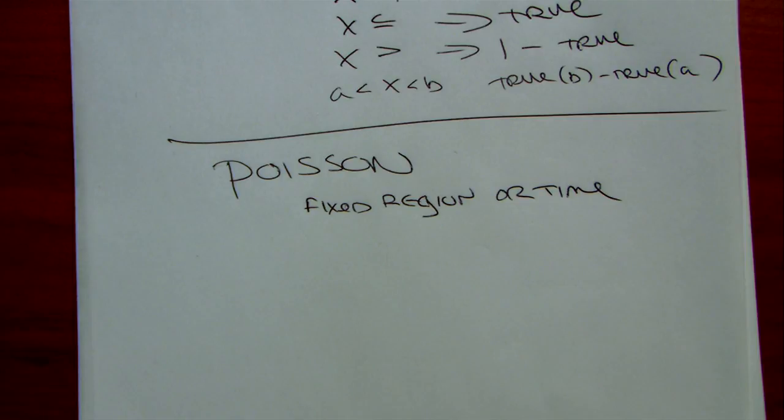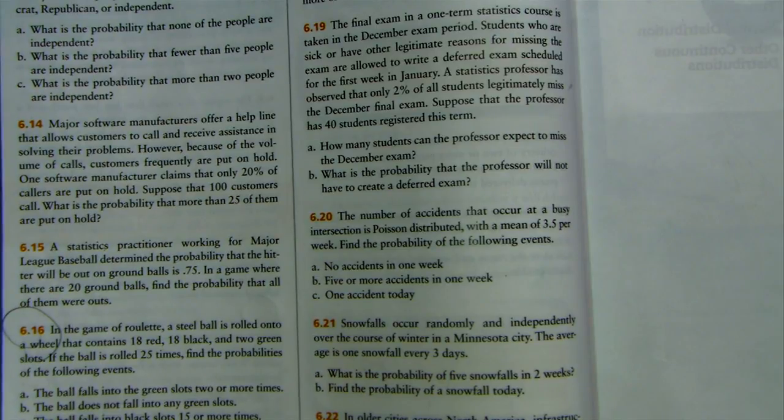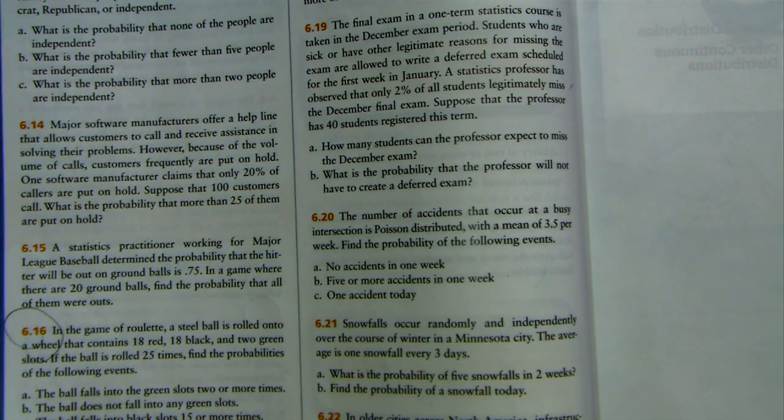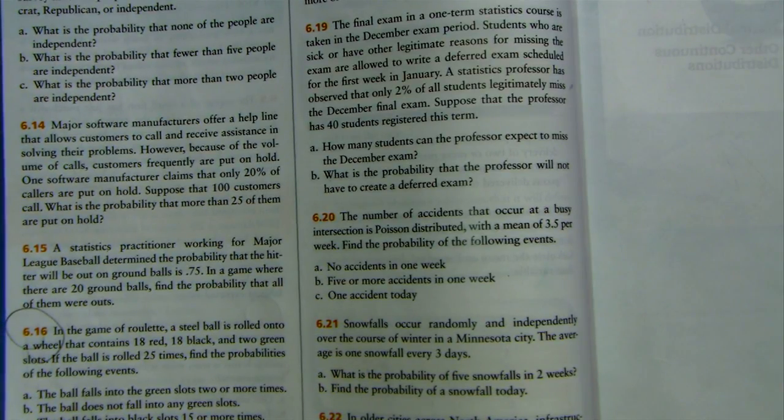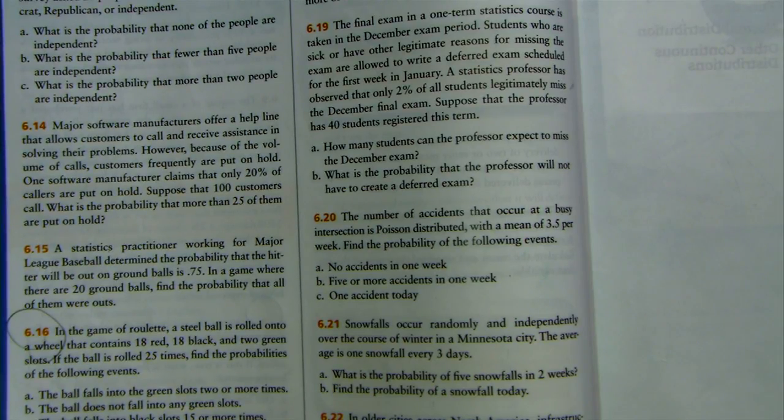So let's look at number 20, I think is a fair one to look at. I'm going to bring that up here. It says the number of accidents that occur at a busy intersection is Poisson distributed with a mean of 3.5 per week. Find the probability of the following events.